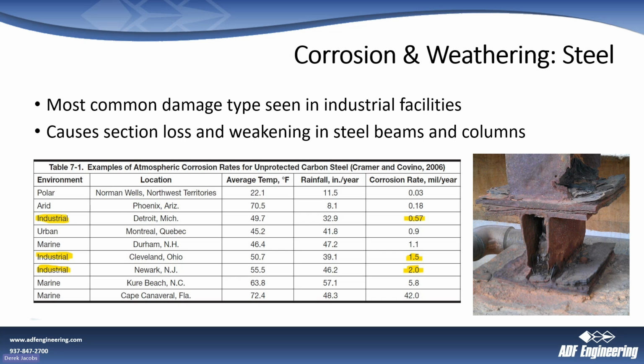If we have a 1/4 inch flange of a beam in Cleveland at 1.5 mil per year, after 42 years that beam's lost about half its strength, right? Some of these sites are that old, and this table just shows common wet weather cycles, but as we all know, in facilities these environments can be much wetter than anywhere else, and constant, and things corrode much faster.